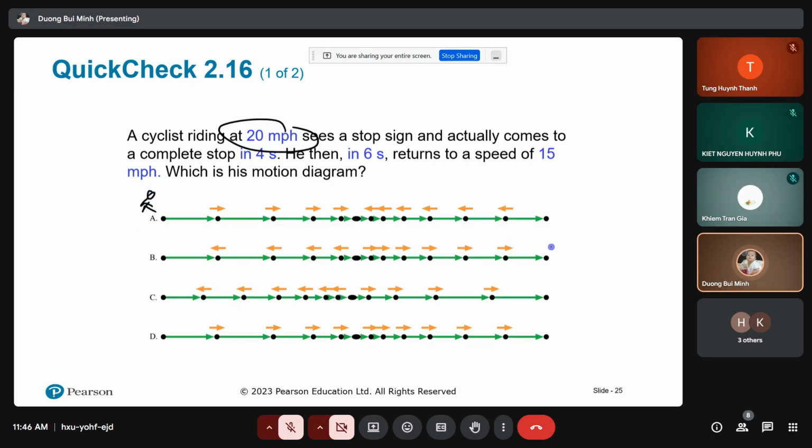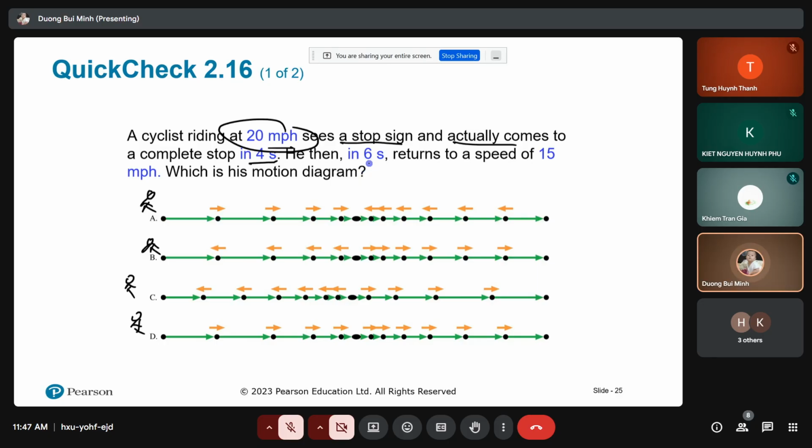A driver rides at 20 miles per hour, sees a stop sign and comes to a complete stop in 4 seconds.